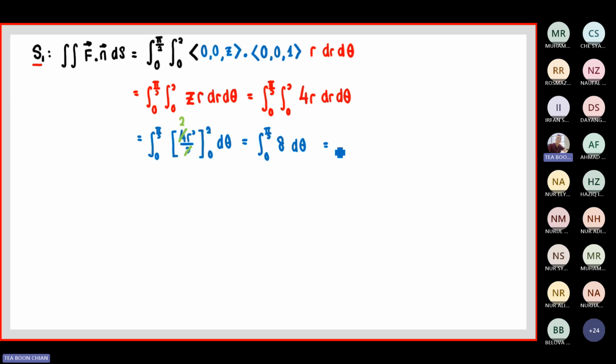All right, and this integration, 8 theta, evaluated from pi over 2 to 0. So the surface integral acting upward should be 8 multiply pi over 2, you get 4 pi. So this is the surface acting upward.